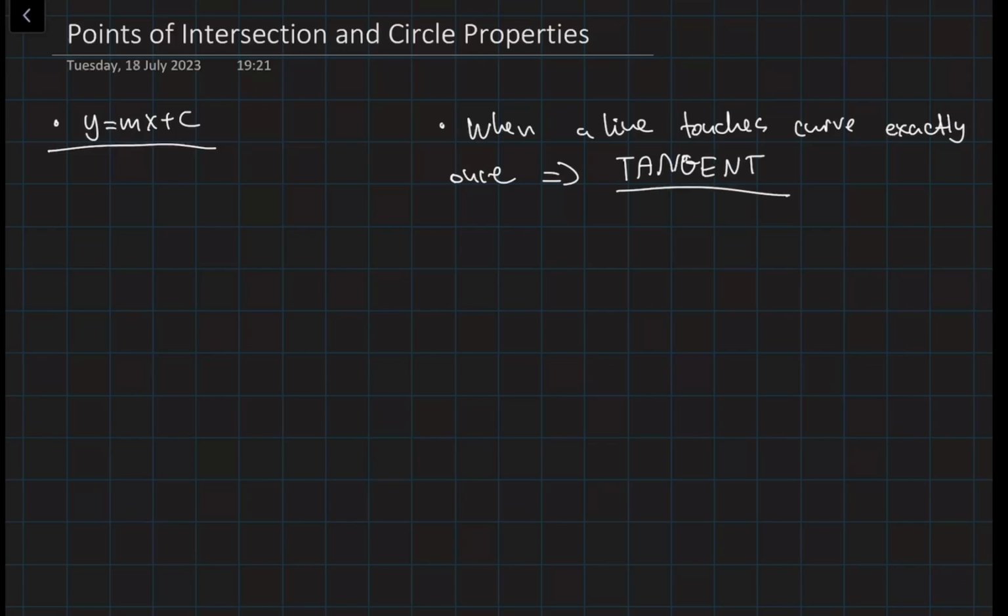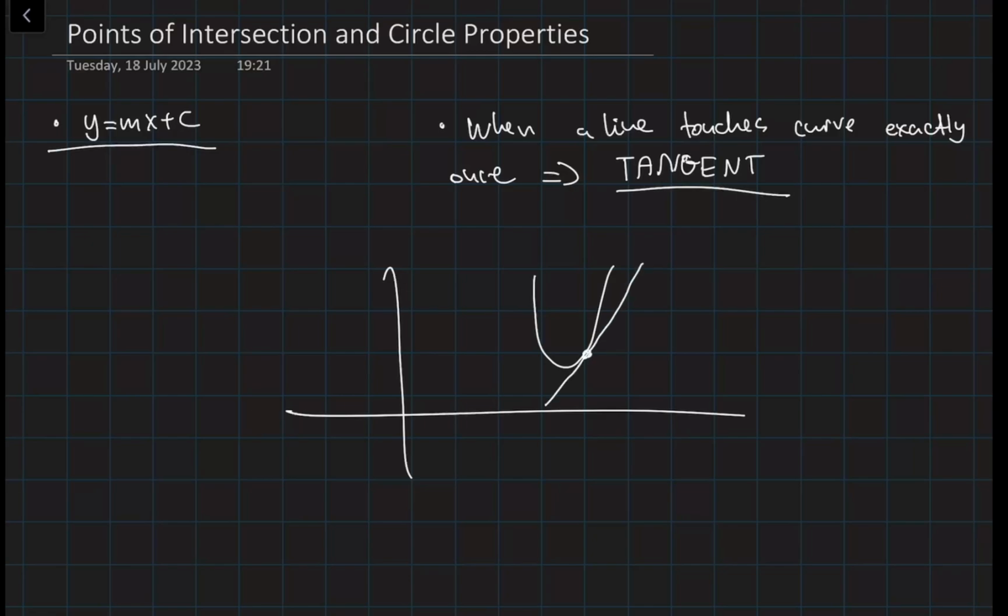Let me give you an example. Let's say we have this curve and this line. This line touches the curve at exactly one point, so we say that this line is tangent to the curve.